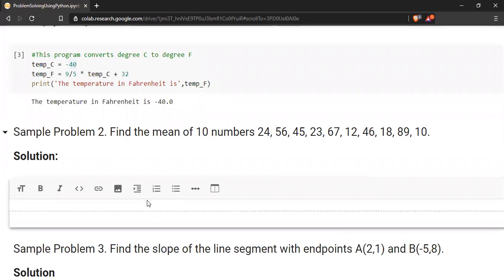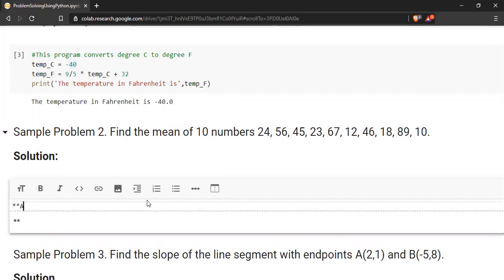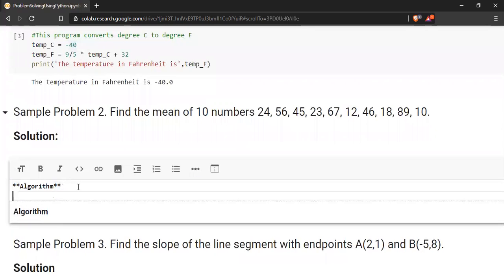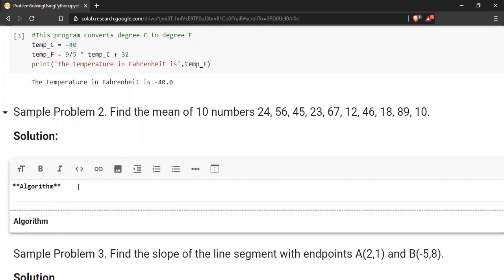Now, before we find the average, I want you to create your own algorithm. So this is algorithm. This is how you format the text. If you enclose a text with double asterisk, it will display a bold character.